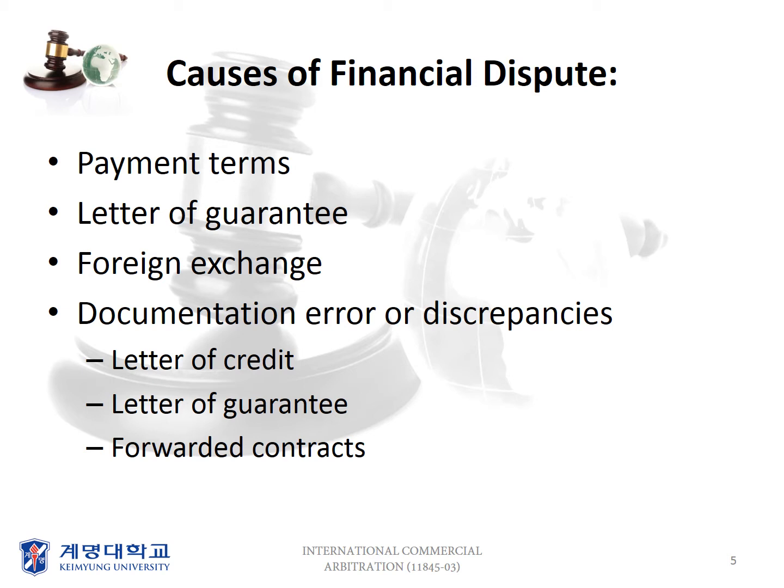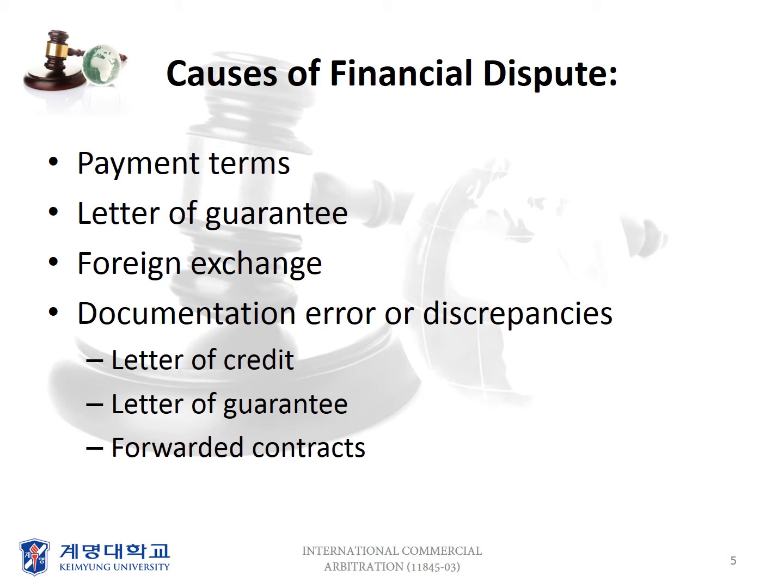Normally, the common disputes arise from product delivery delay, malfunction, and unpaid terms. What are the causes of financial dispute? Number one is payment terms. They do not follow the right date or they do not pay the right amount. Secondly, we have the letter of guarantee.